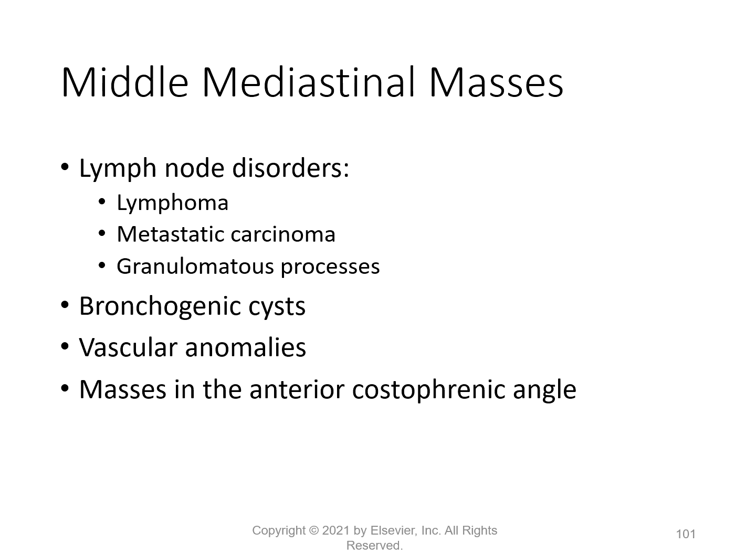Middle mediastinal masses are going to affect the heart, the great vessels, the lymph nodes, and the bronchiogenic vessels. So things like a lymph node disorder, including lymphoma, a metastatic carcinoma that is traveling into the lymphatic system, or granulomatous processes such as sarcoidosis, asbestosis, and the tuberculosis that we talked about earlier. It can settle into the lymphatic system there in the mediastinum.